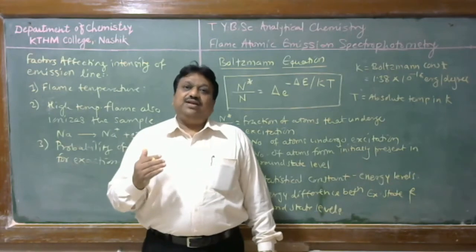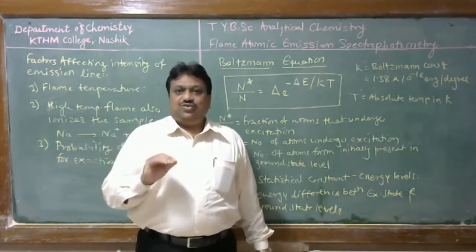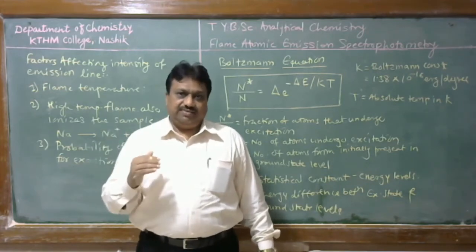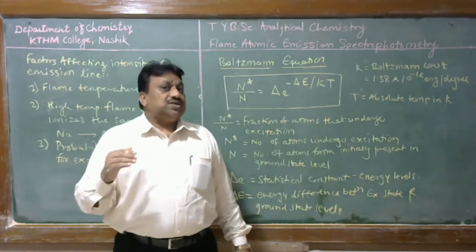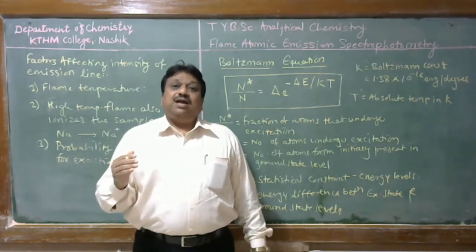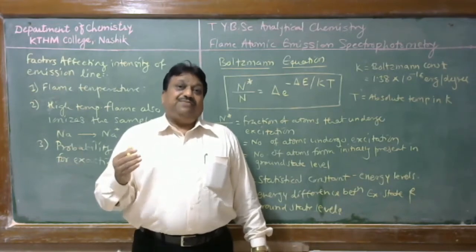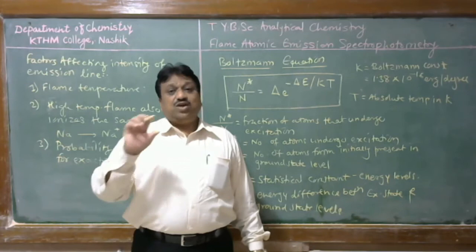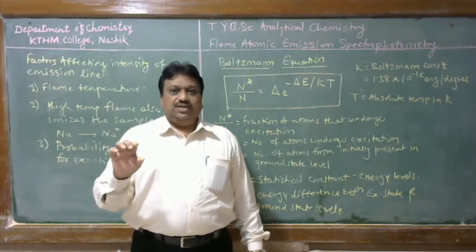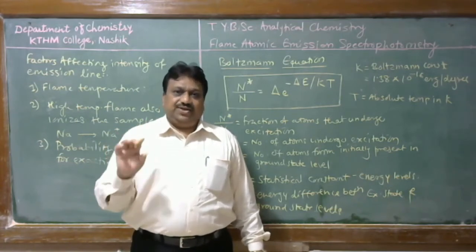And therefore here, the probability of energy directly determines the excitation of the electron from its ground state level to the excited state level. If the flame is unable to supply that much amount of energy, then the atom does not undergo electronic excitation. If the energy is very high but is not equal to the energy difference between the two levels, then also the atom cannot undergo the electronic excitation.